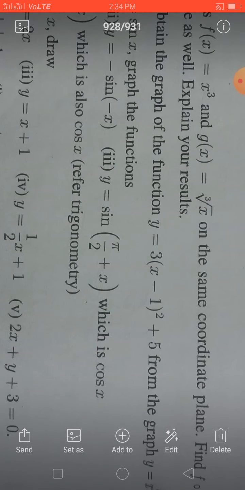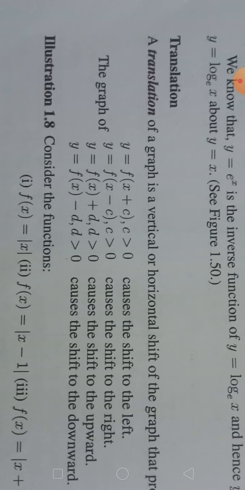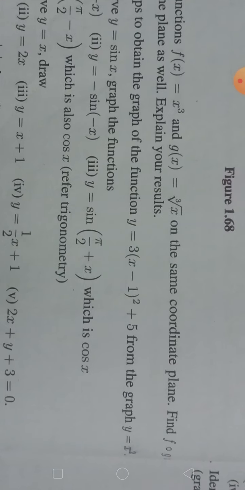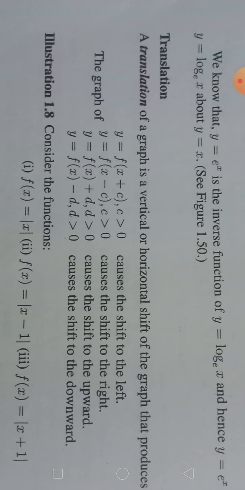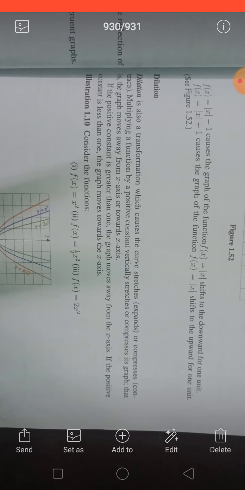So f of x plus 5 is the same as f of x plus d, the third condition, which causes the shift upward. So f of x minus c causes the shift to the right, and f of x plus d causes the shift upward.